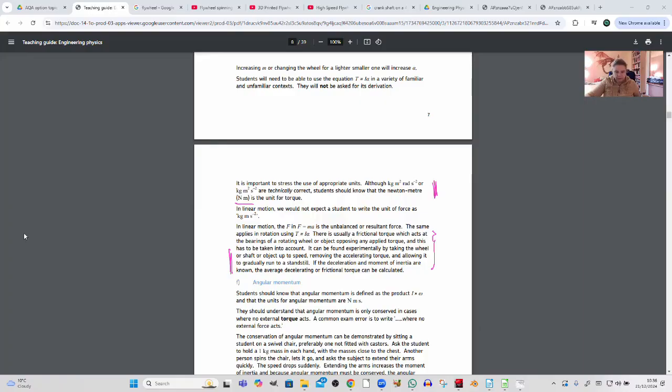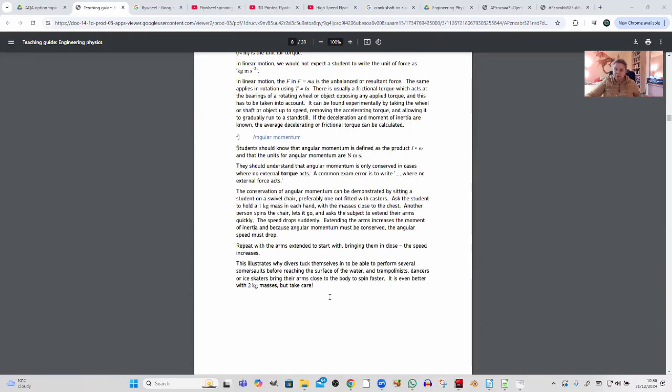And so that's one of the questions that they might ask you to do. Okay, that's that one. And then we come on to angular momentum. So angular momentum is I omega. So you've got linear momentum, which is mv, and the equivalent to m is I, and the equivalent to v is omega. So this is angular momentum, and this is linear momentum.